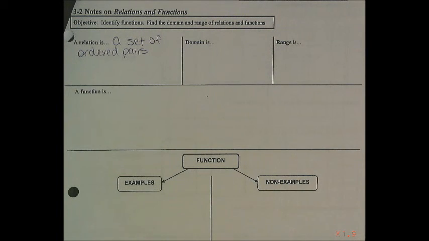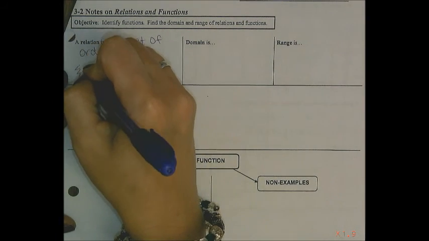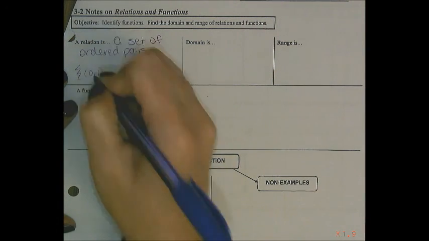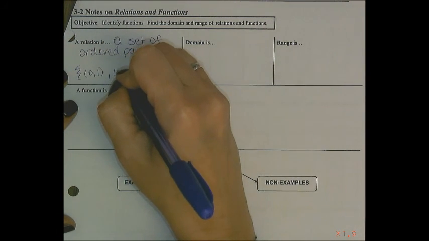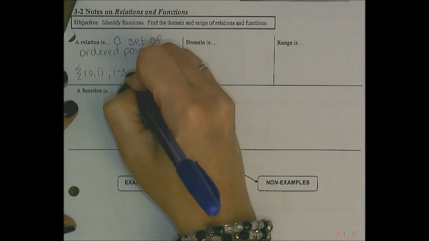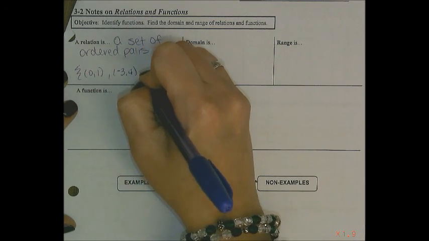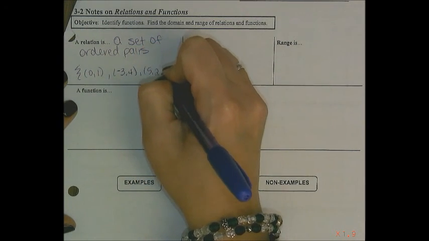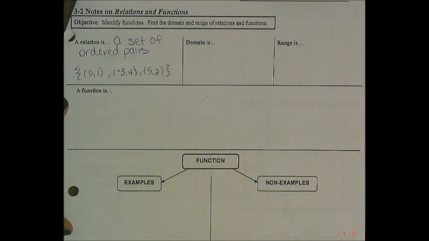It could be actually a set of ordered pairs written like this. Or you could have a table of those ordered pairs, or you could have a graph of those ordered pairs. But a relation is just a list of x and y values that are related to each other.